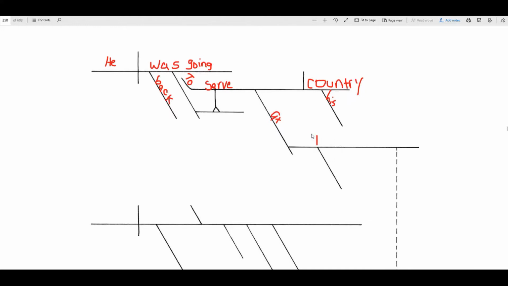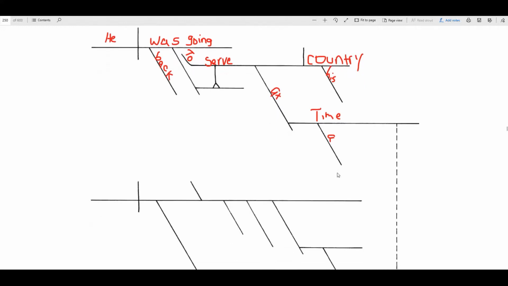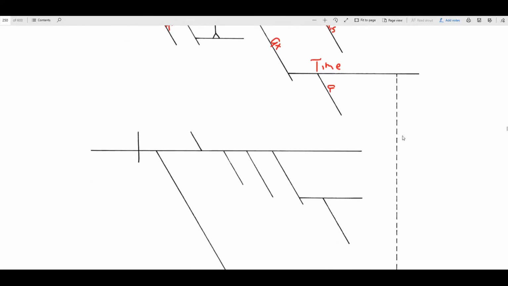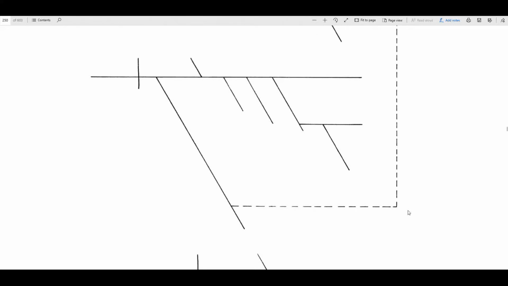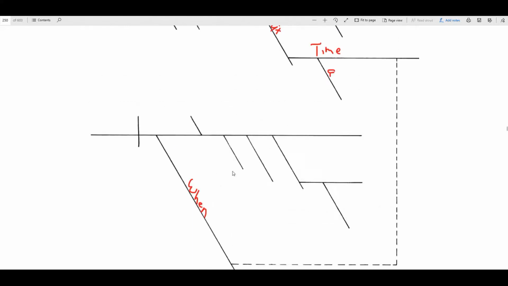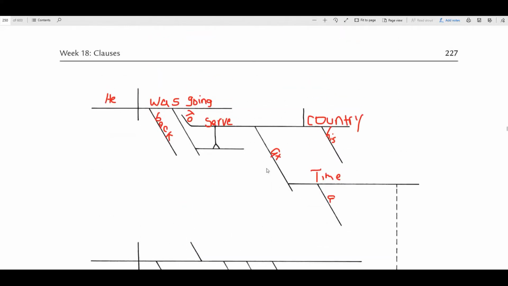So time is your OP, and a is your article. All right, so that's how that should be. Now, this comes down to our relative adverb, which is when. That refers back. It's relative because it's relating back to the when he was going to serve.